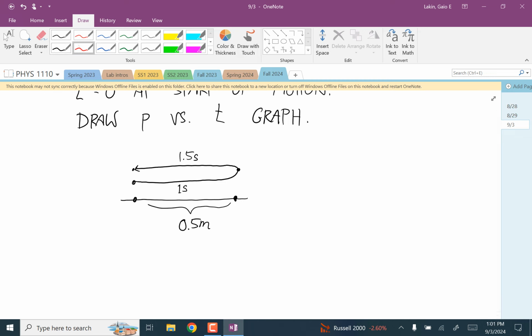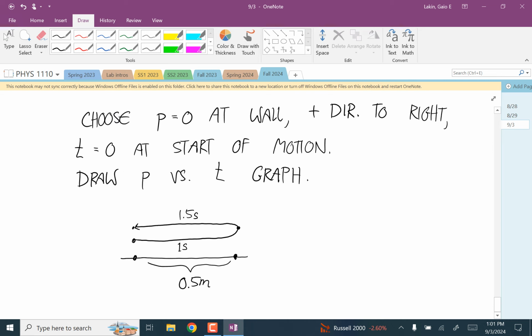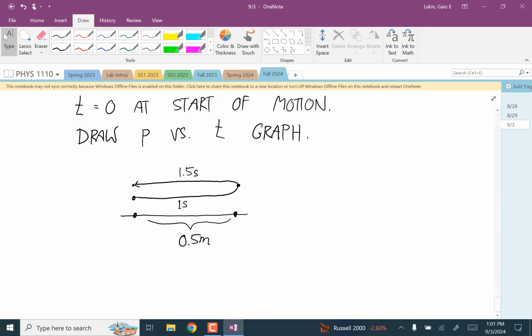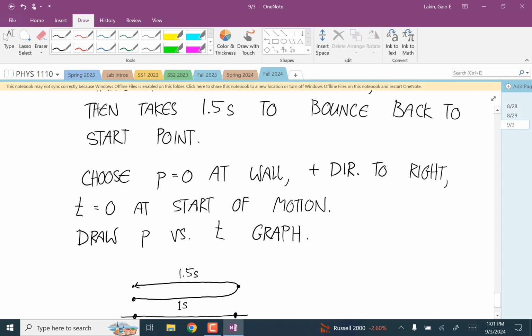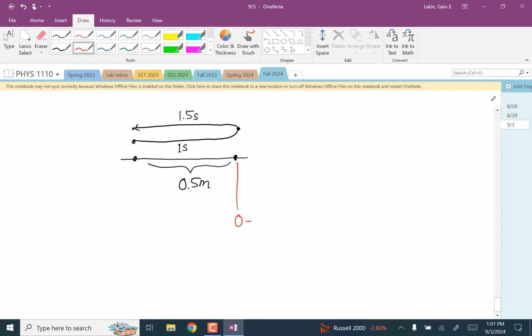So we haven't yet put anything in about our 0 position and stuff. Now, position equals 0, it says, is at the wall, so this is 0. The positive direction is to the right, so positive is this way, and that means negative is this way.